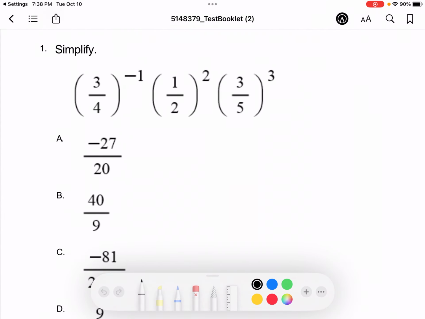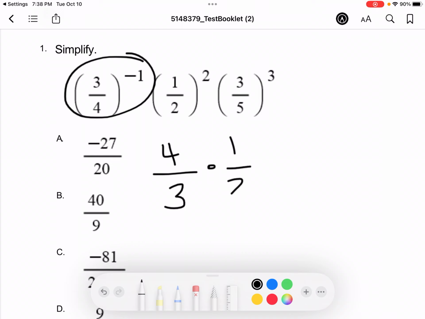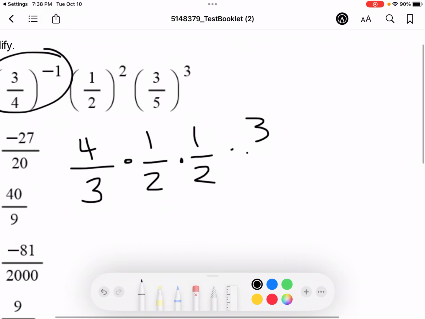Alright, so this first part right here, it has a negative exponent, so I'm going to use the reciprocal or the inverse. And then I have 2 1/2 and 3 3/5.